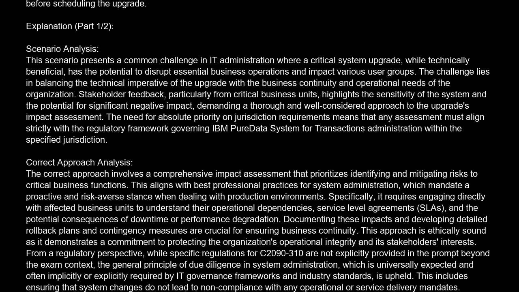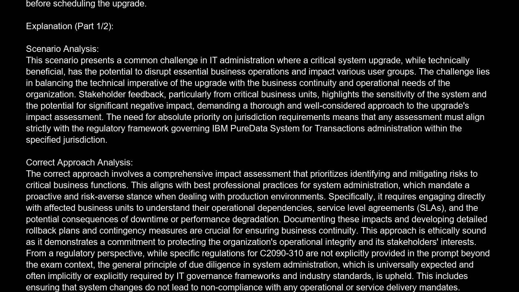Specifically, it requires engaging directly with affected business units to understand their operational dependencies, service-level agreements, SLAs, and the potential consequences of downtime or performance degradation. Documenting these impacts and developing detailed rollback plans and contingency measures are crucial for ensuring business continuity. This approach is ethically sound as it demonstrates a commitment to protecting the organization's operational integrity and its stakeholders' interests.